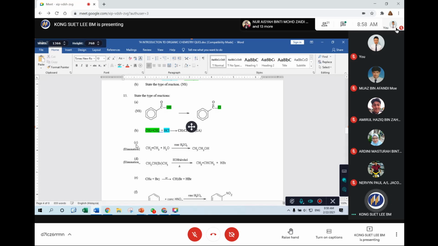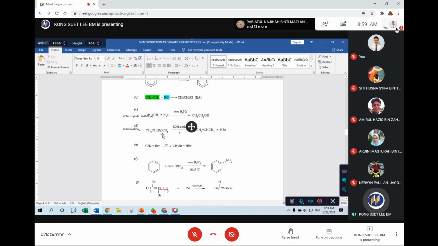Look at C again. C is double bond becomes single bond. This one is confirmed addition. But what type of addition? Electrophile is added. Yes, electrophilic addition.